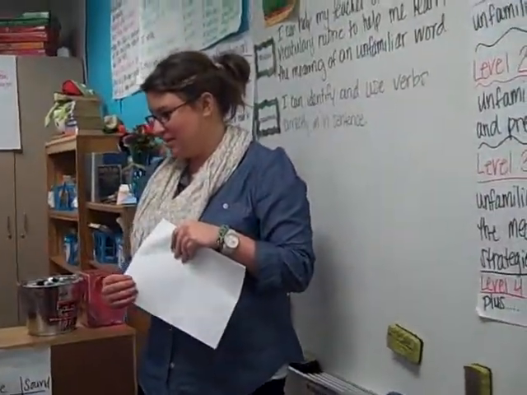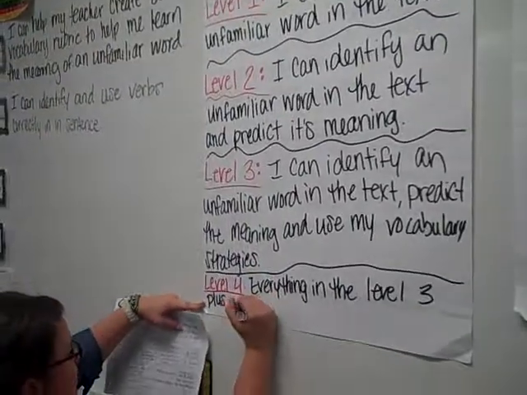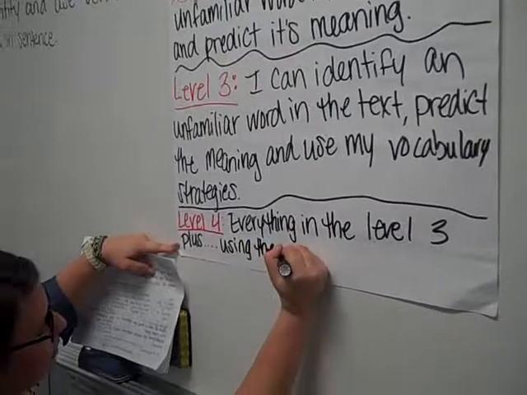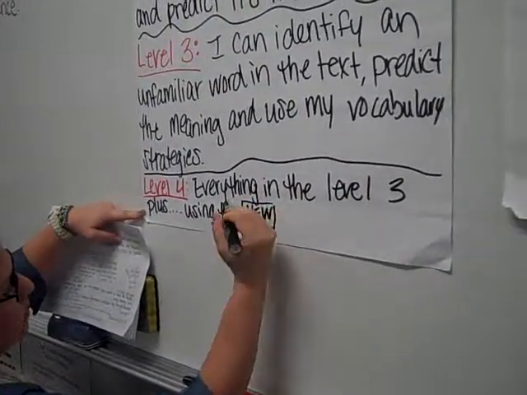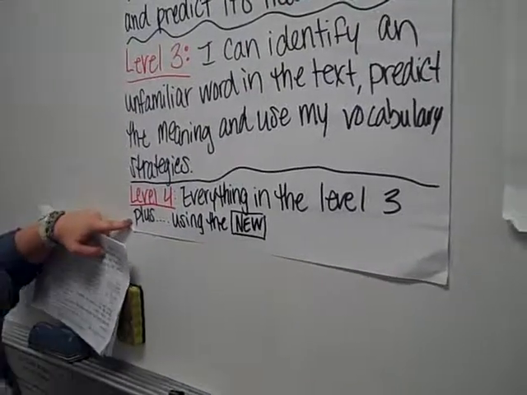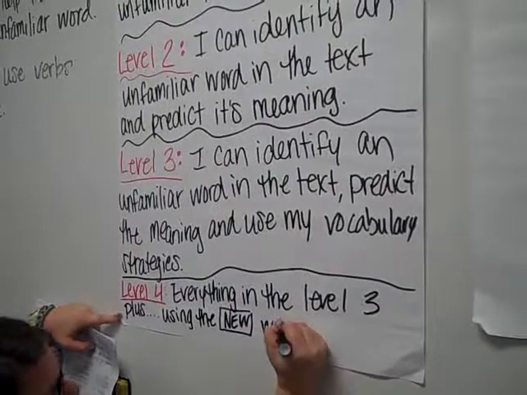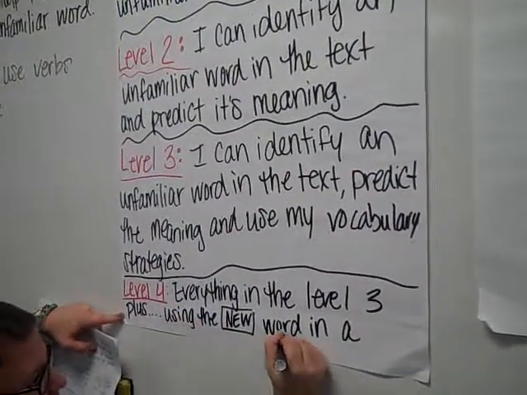That's right. You were going to say that? So everything in a level 3 plus using the new word in a sentence. I'm capitalizing the word new, since it's really showing that it's a new word that you have learned.